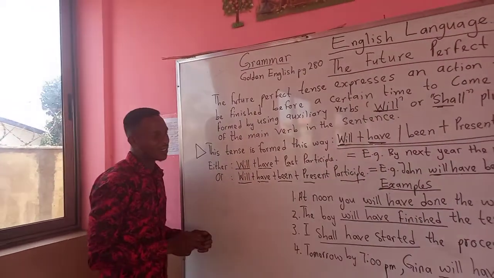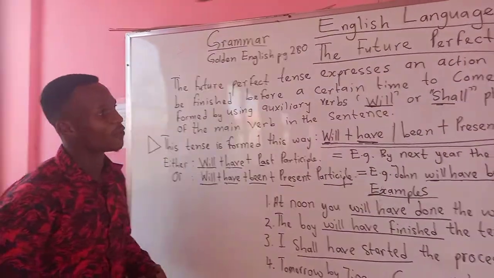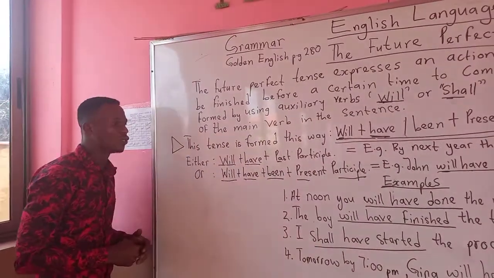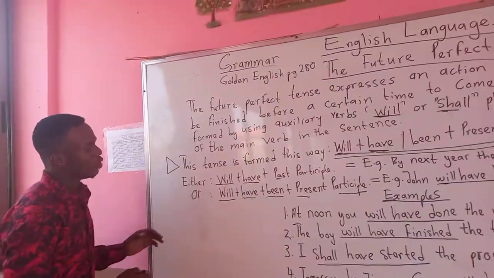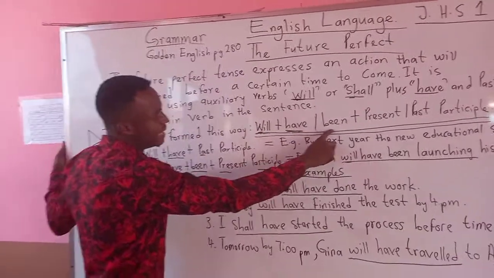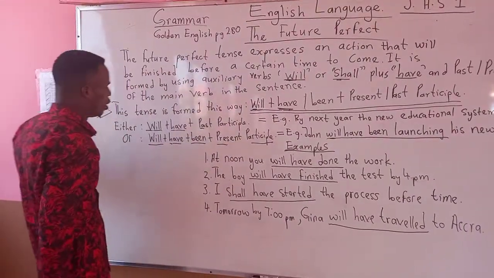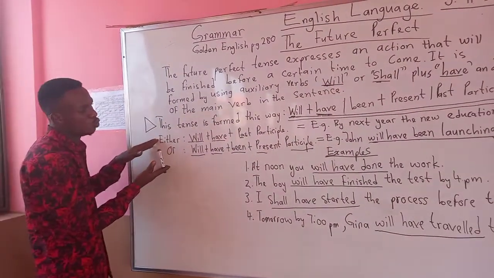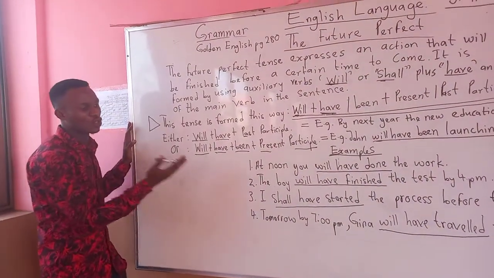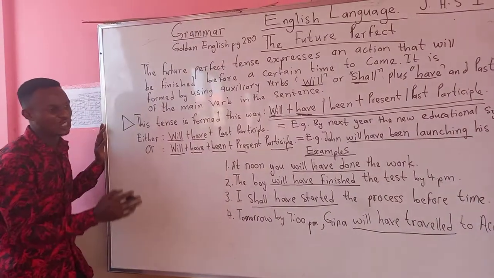So when I give you questions and I say put in the correct future perfect in the following sentences, you have to base on its rules or its format, which says will plus have or be plus present or past participle of the main verb. Either the first one or the second one can be used interchangeably based on how the sentences are arranged in the passage.